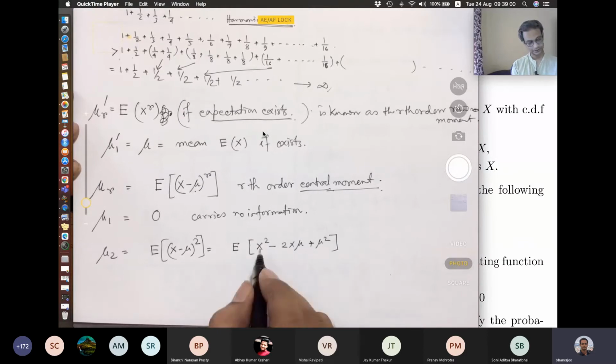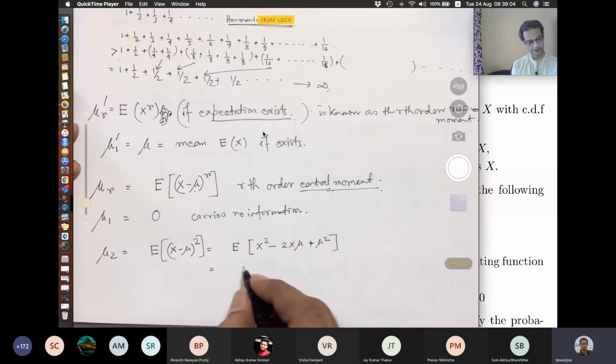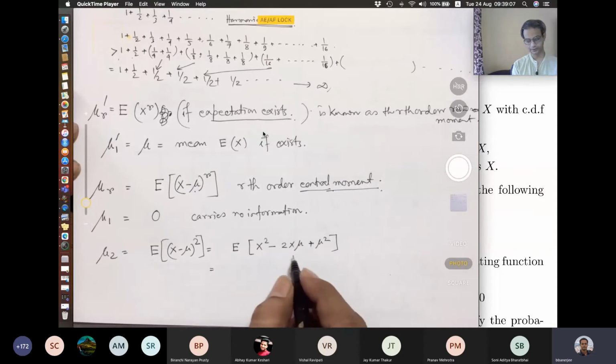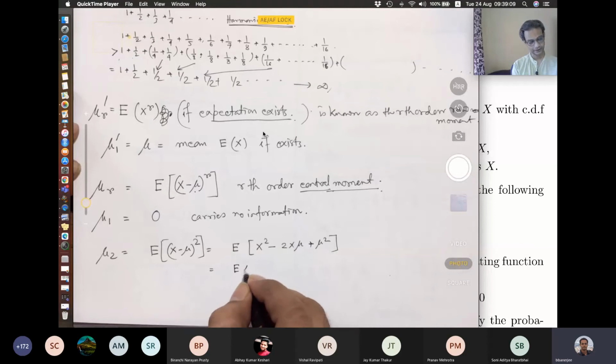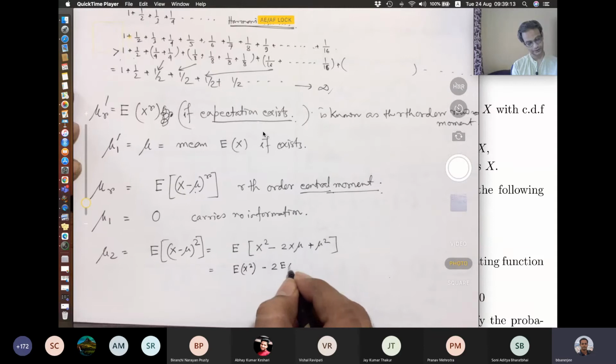Then if you take expectation inside term by term, and that will hold trivially from the definition, expectation of x square minus 2 times expectation of x.